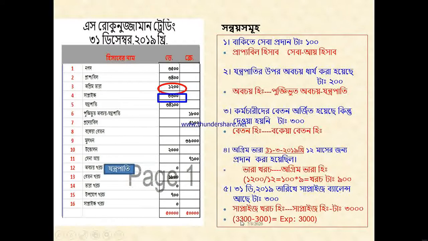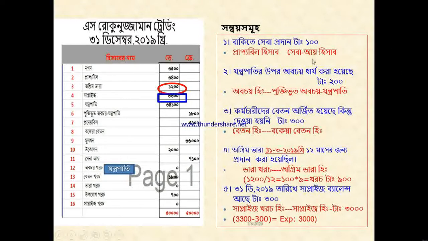So 3,300 minus 300 equals 3,000 has already been expensed. So supplies expenses will be debit and supplies will be credit. Supplies expenses is an expense and supplies is an asset. So all expenses and losses will be debit, and if any asset decreases, it will be credit.